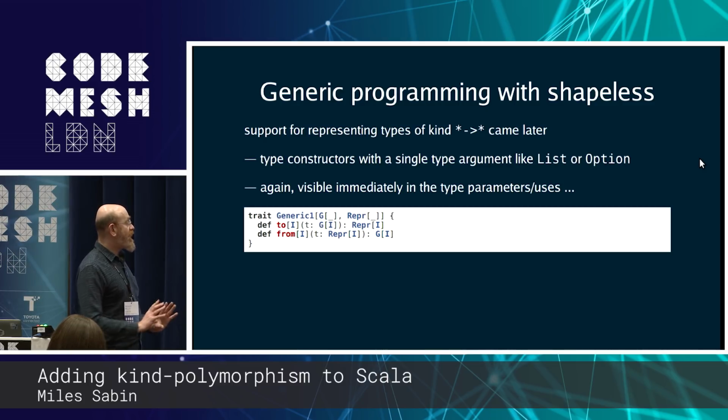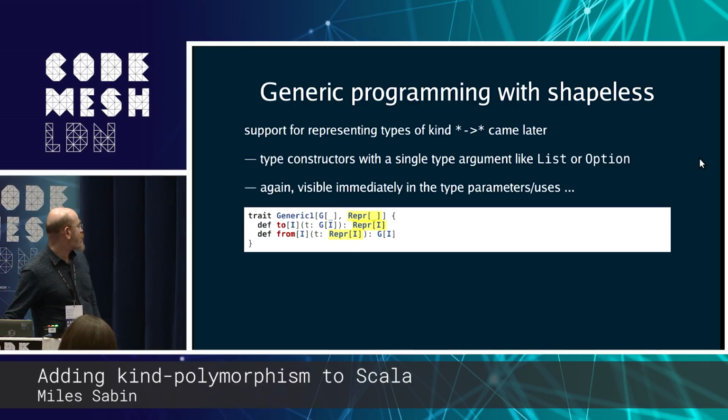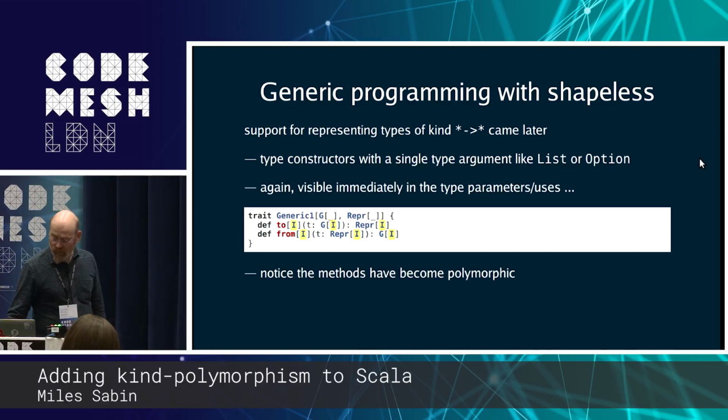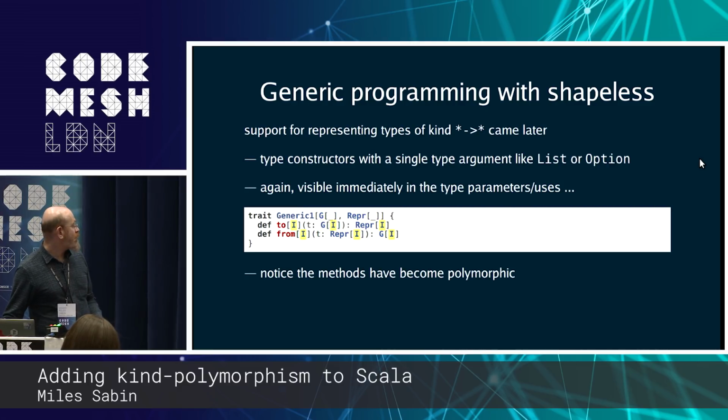So our G is now an algebraic data type with a single type parameter, and our representation type is, again, either a product type or a coproduct type, but which has a single type parameter. And again, we have a from and to, which you can see now, compared with the previous version, have to become polymorphic because the values themselves are of types which are themselves parameterized.